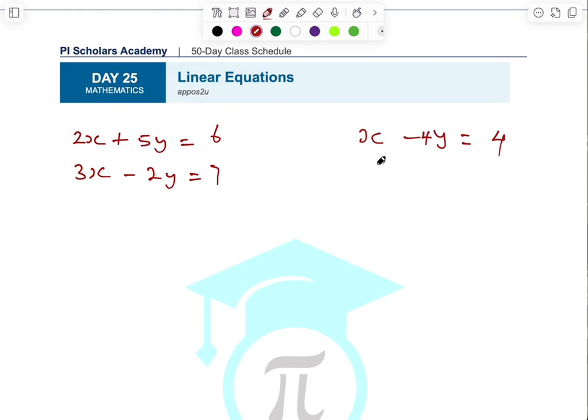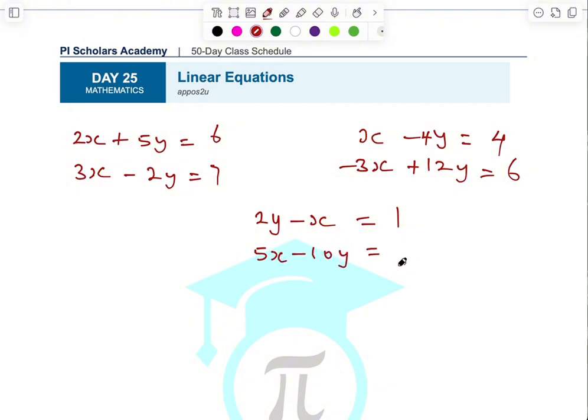I can say this one should be 3x plus 12y equals 6. Then I can say another equation here: 2y minus x equals 1. Then 5x minus 10y is going to be equal to negative 5.